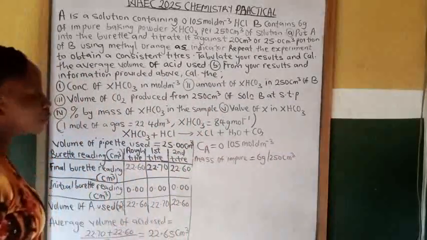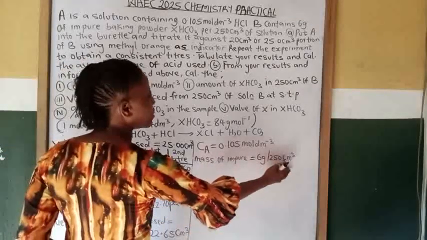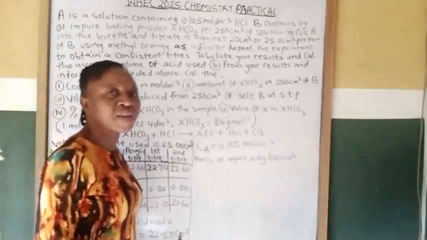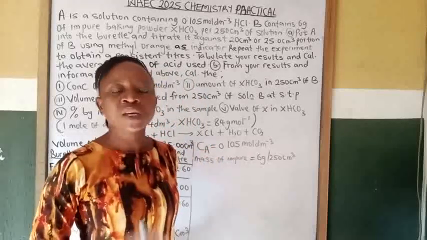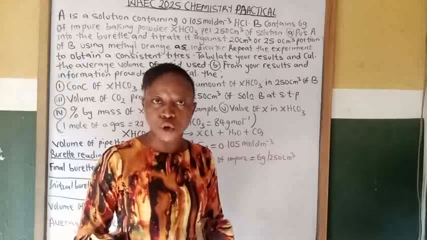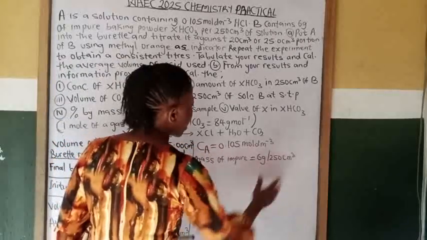You have to convert this 6 grams per 250 centimeter cube to gram per dm cube, because our mass concentration, either of the pure or the impure, must be in gram per dm cube.